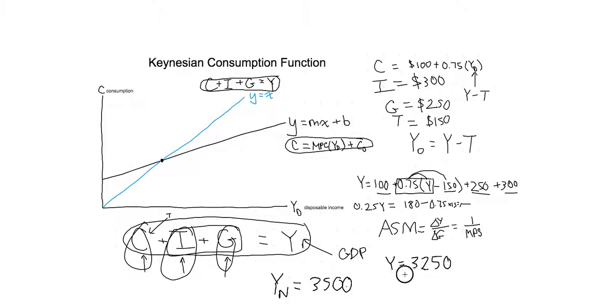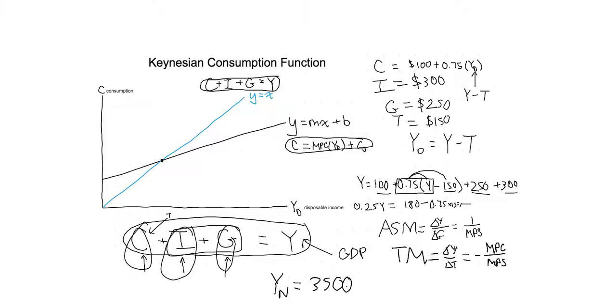It's not the autonomous spending multiplier we have to use. We have to take into account the MPC as well. And so the tax multiplier is actually going to end up being delta Y over delta T, but you can get it also by negative MPC, marginal propensity to consume, over marginal propensity to save.